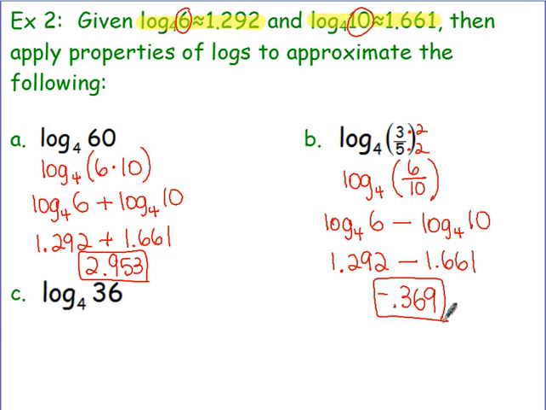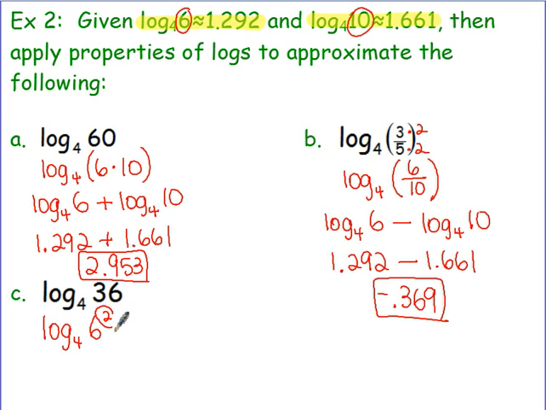So we have one more example. Hopefully you looked at this one and you said, well, I know 36 and 6 are related. Hopefully you realize this was just like our other part C. 6 to the power of 2 gives you 36. So we're going to make that 6 squared.